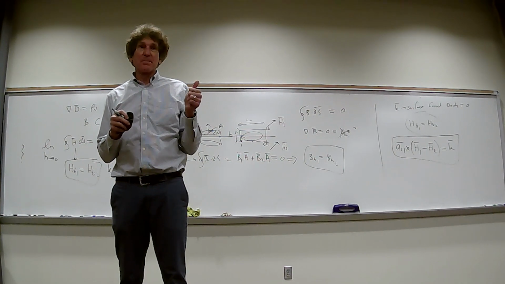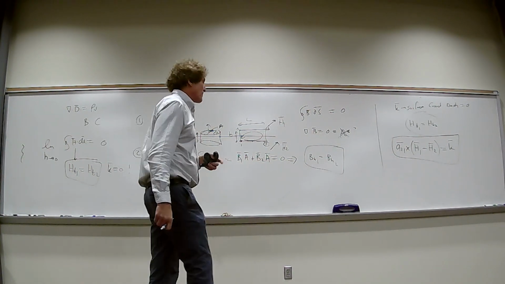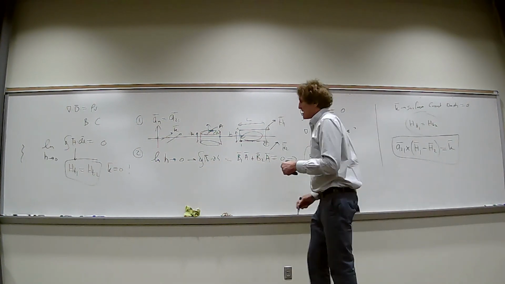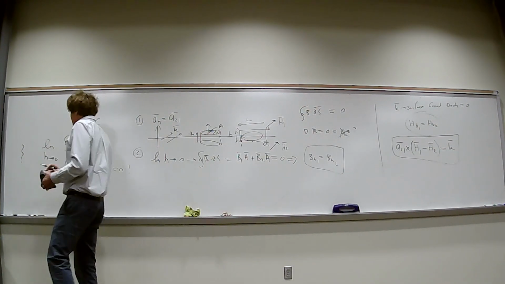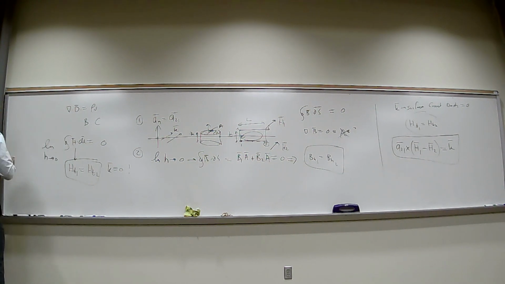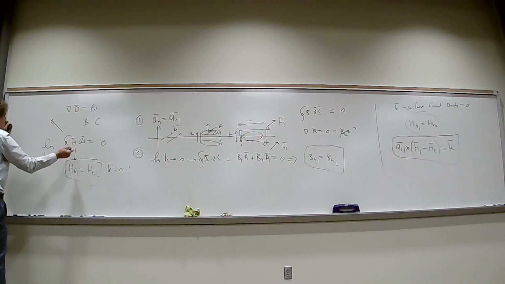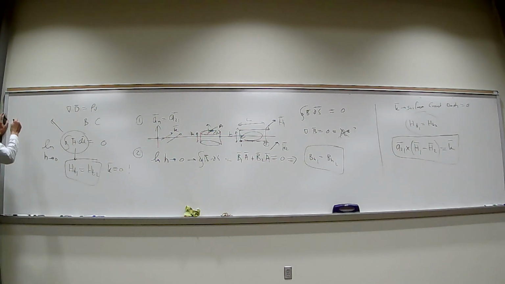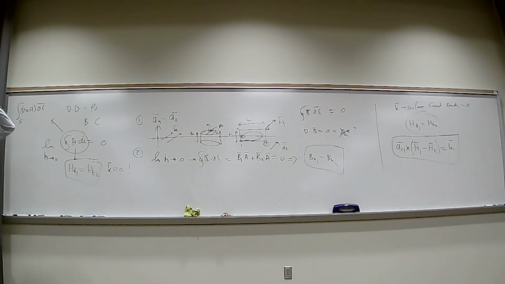Okay. Y'all see this? Now here's where this comes from. If you take a look at this equation right here, this integral form is equal to the integral of curl of H dot ds over the surface that this path integral is the perimeter of.